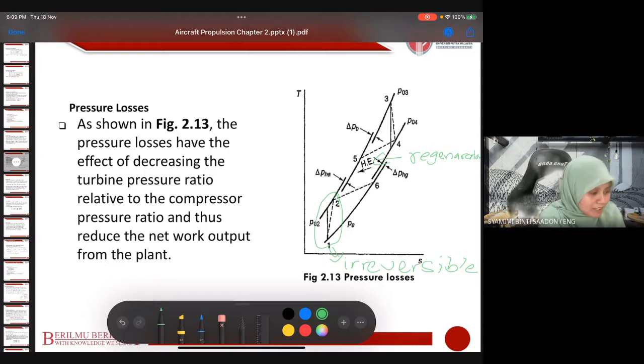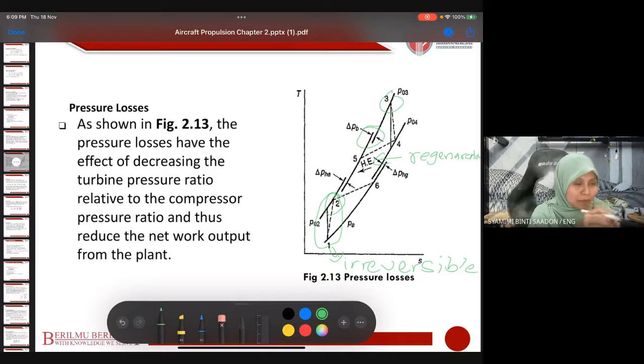The pressure loss inside the combustion chamber is from 2 to 3, the combustion process. If there is this difference in pressure, the process in the combustion chamber will not be at constant pressure anymore.